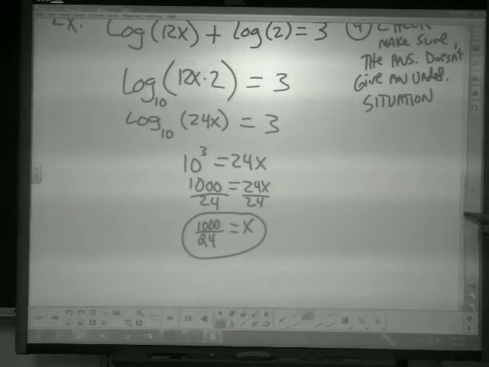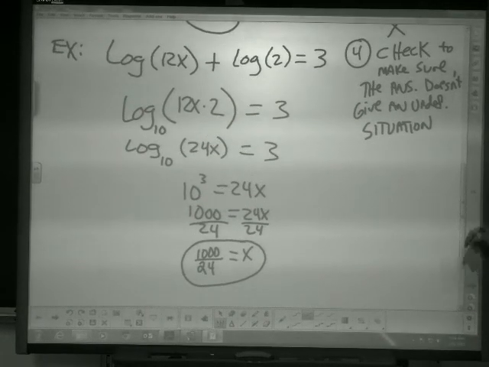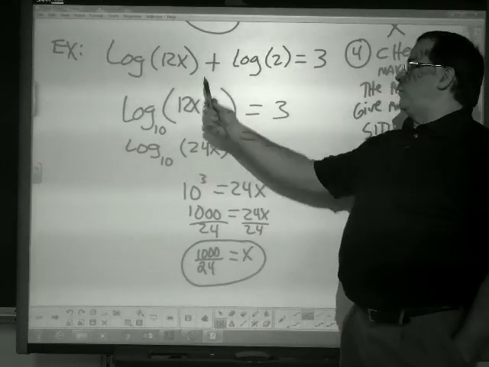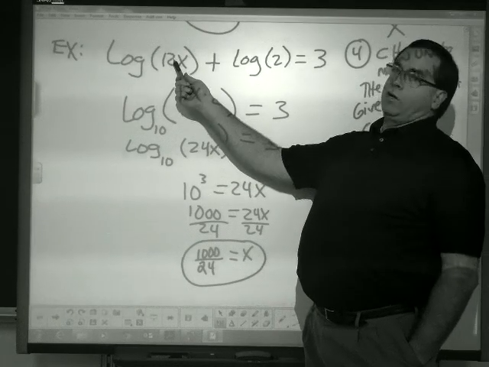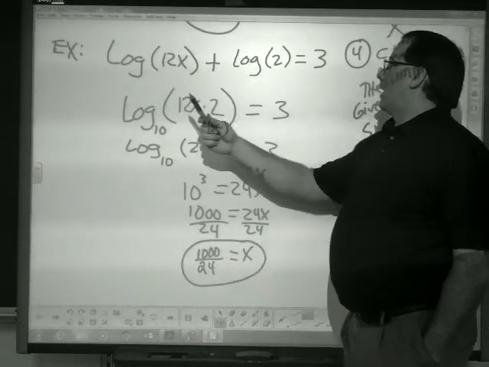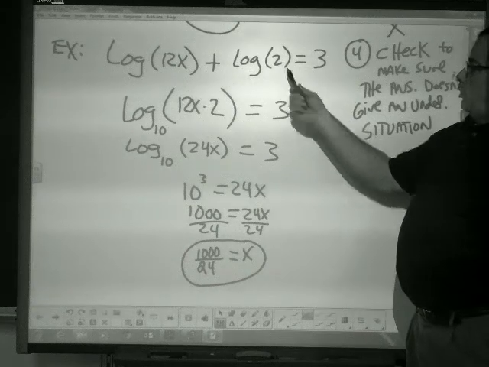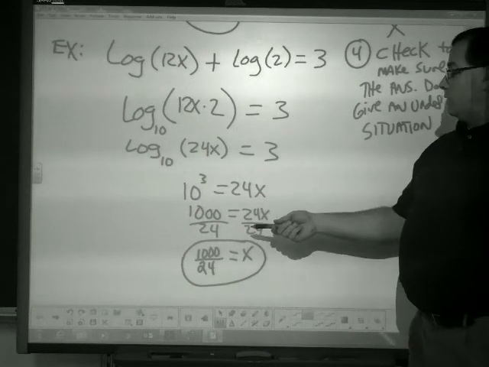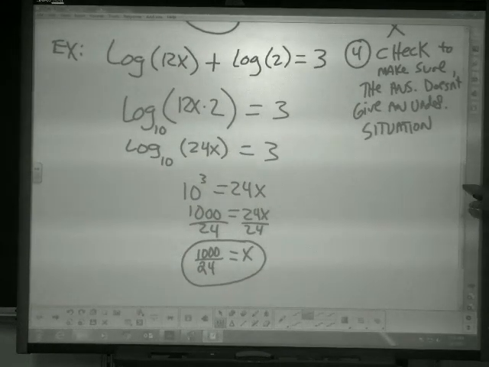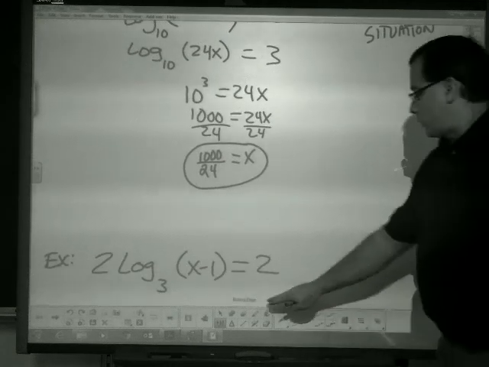Check to make sure it doesn't give us an undefined situation. Well, if I put 1,000 over 24 times 12, is that going to be negative or 0? No, so that's okay. And I'm not putting it here at all, so I don't have to worry about it. So it's a good answer. We'll take it. Take a look at the next problem.